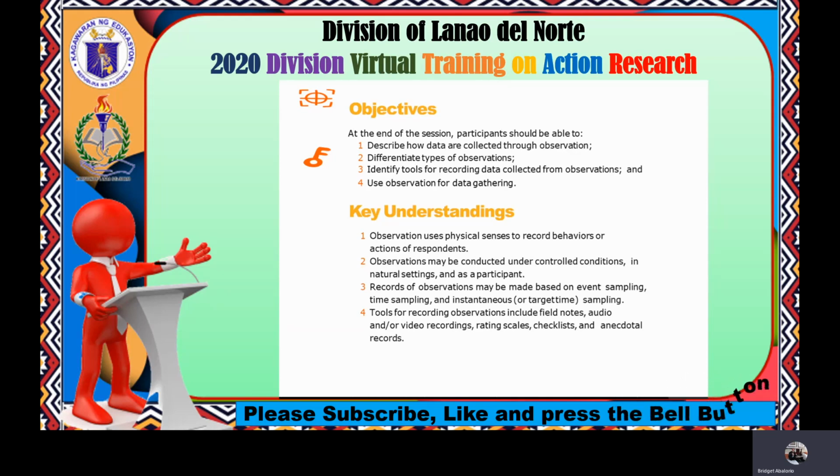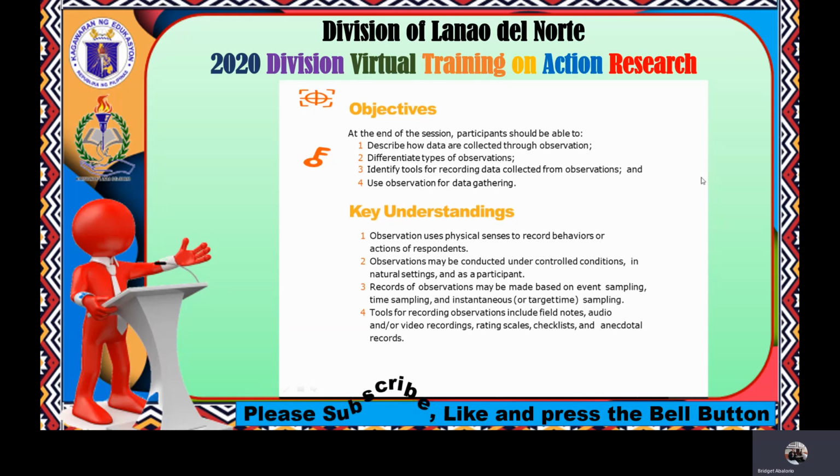The key understandings are the following. First, observation uses physical senses to record behaviors or actions of respondents. Second, observations may be conducted under controlled conditions, in natural settings, and as a participant.